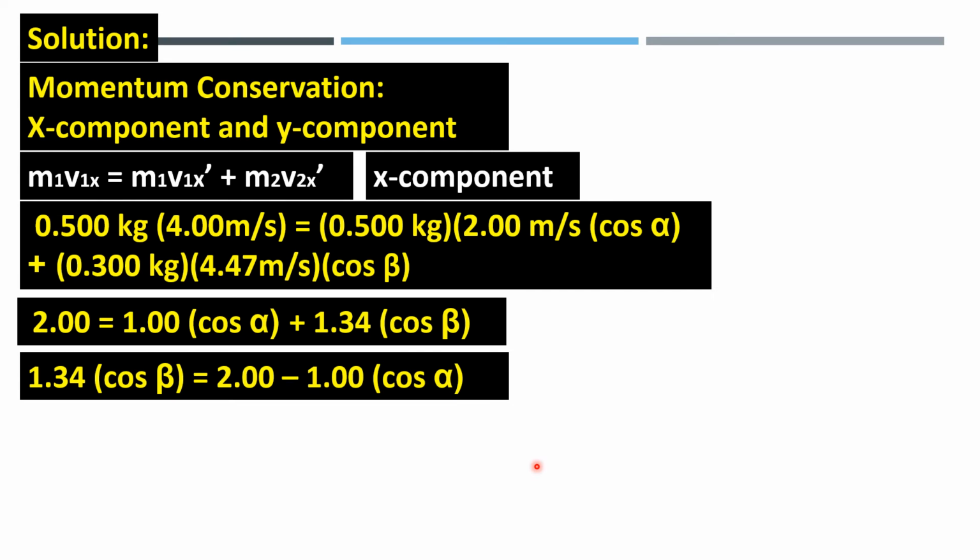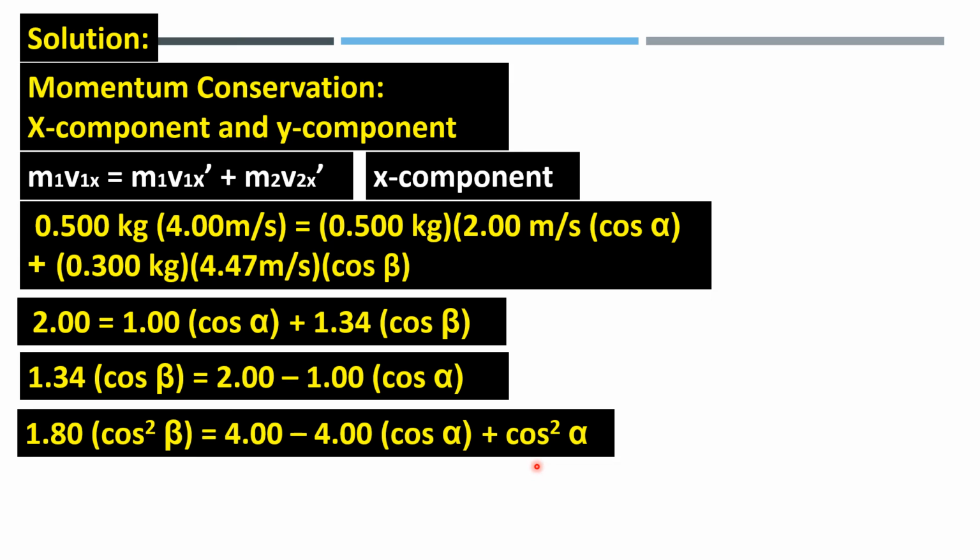And simplifying further, so what does this mean? What I just did here was to square all of the terms in this equation. If we do that, the square of 1.34 is 1.80.